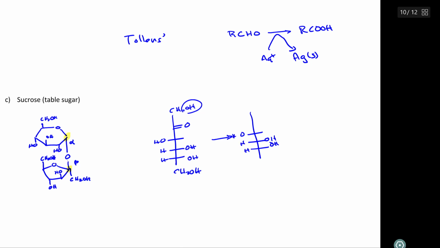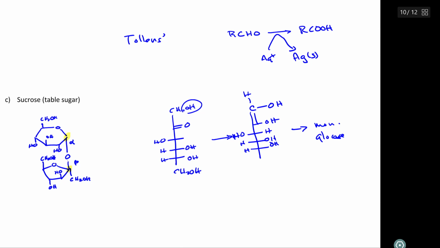this can form the enediol that looks like this. It's called an enediol for semi-obvious reasons: it's an enol, but it has two alcohol groups, one on each end, and this will actually convert over to both mannose and glucose.